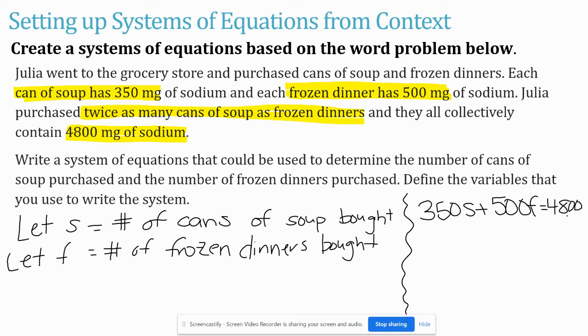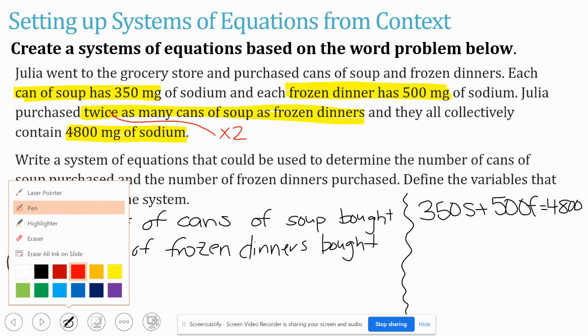Okay. Now the second one we're going to talk about is the fact that Julia purchased twice as many cans of soup as frozen dinners. So she bought double the amount of soup than frozen dinners. So when you think of the word twice, I want you to think of times 2. So we're going to take the amount of frozen dinners that she bought, we're going to multiply that by 2, and that equals how many cans of soup she bought.